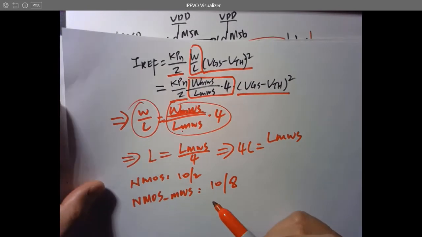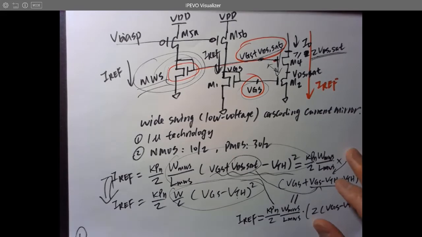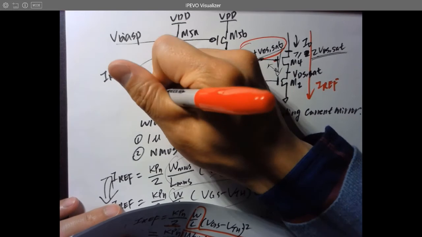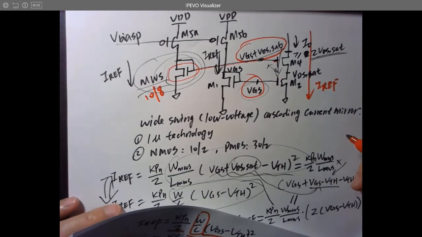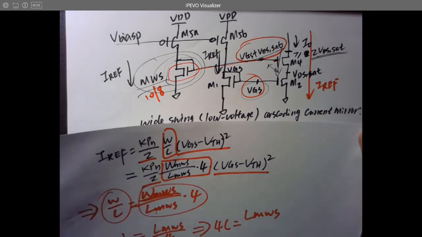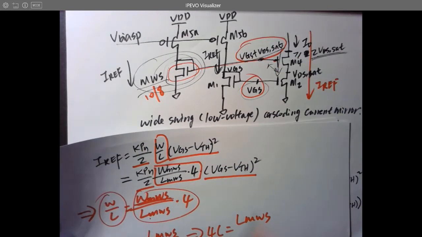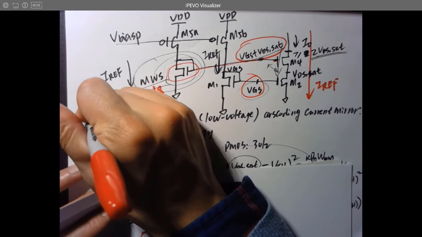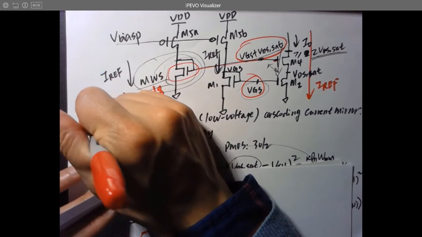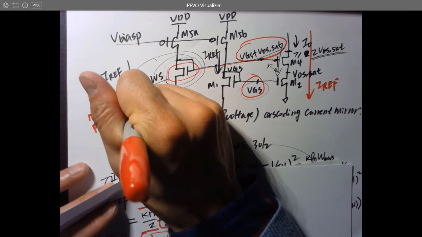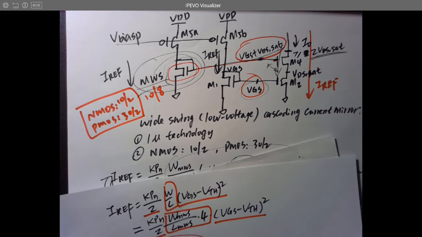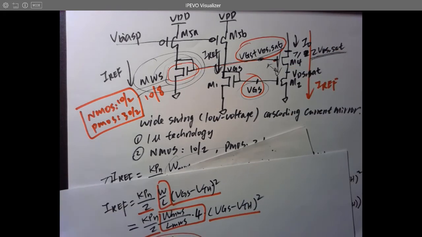So after changing the wide swing transistor ratio to this, you are able to make the current equal in all these branches. Keep in mind, the rest of the NMOS are 10 over 2, and the PMOS are 30 over 2. After this point, this design definitely can be used for the C5 technology in your layout.